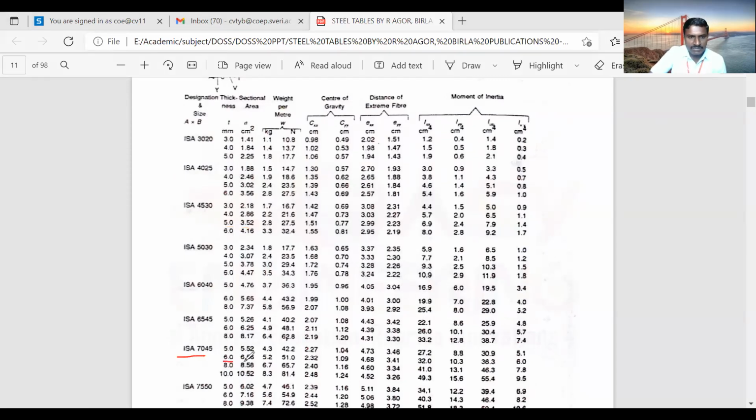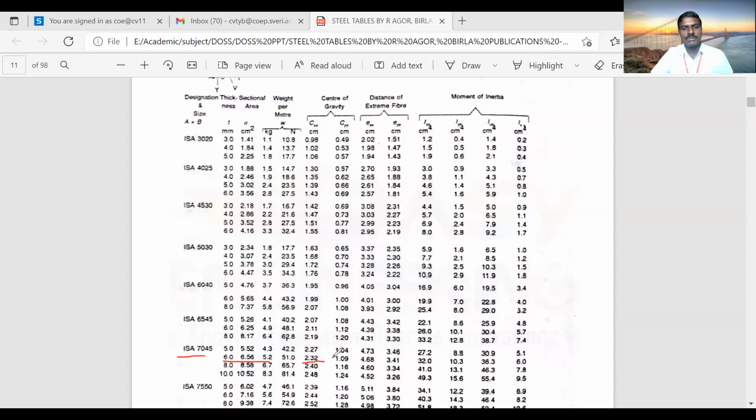For this angle, the CXX value is here. How much? Are you getting this value? See, this is 23.2 millimeter, no? Yes, this is 2.32 centimeter.